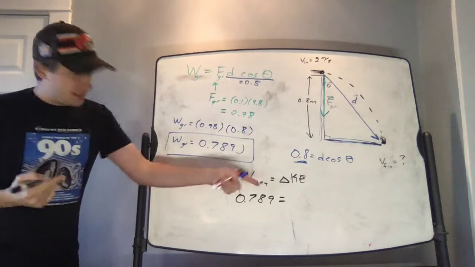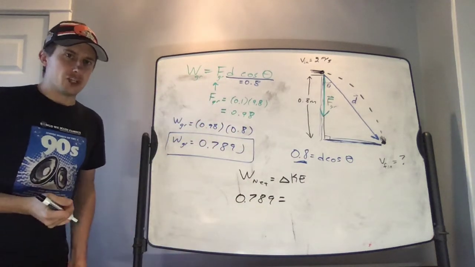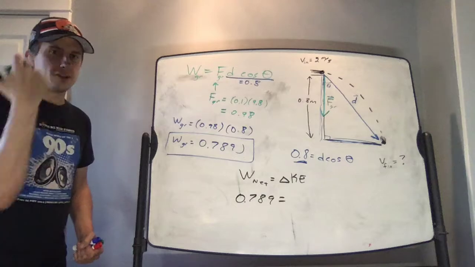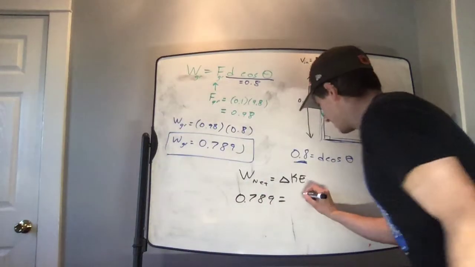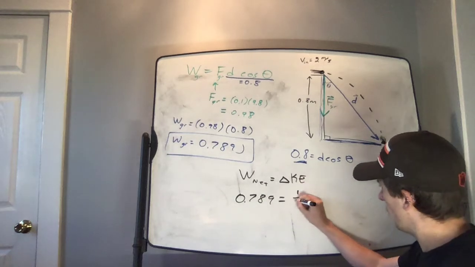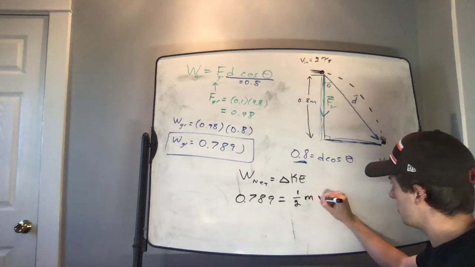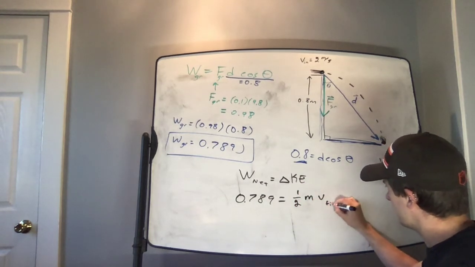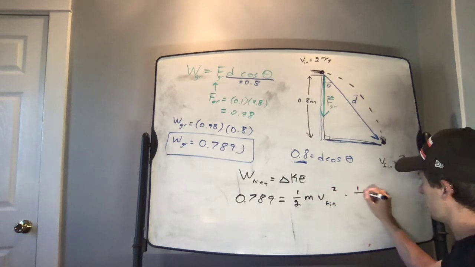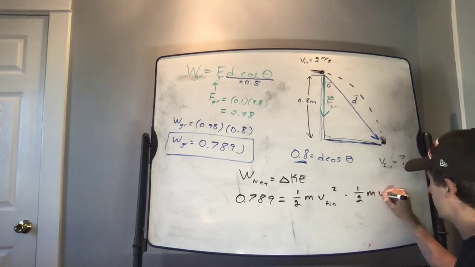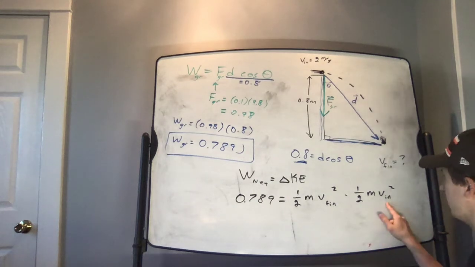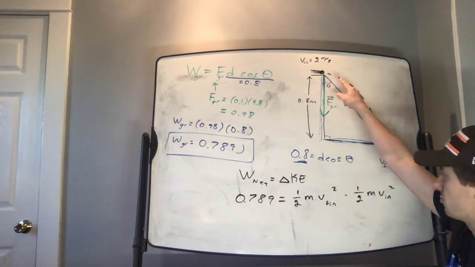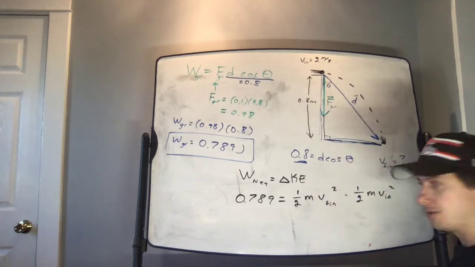Now, what is the ball's change in kinetic energy? Well, that's kinetic energy final minus kinetic energy initial. So I could write this as 1/2 times the mass of the ball, V final squared, minus 1/2 times the mass of the ball, times V initial squared. We know what V initial is. V initial is 2 meters per second. We are given the mass of the ball.